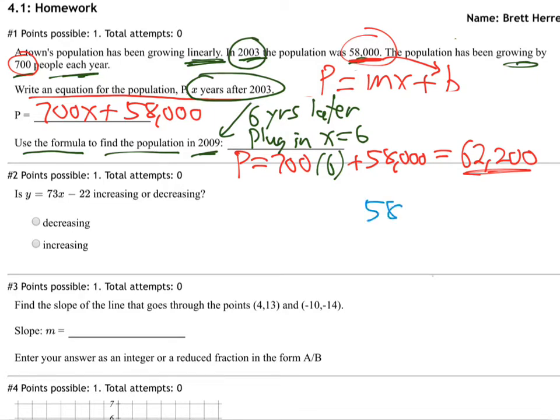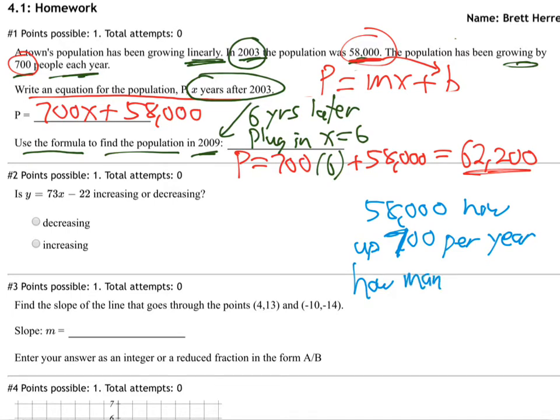Hey, my town has 58,000 people now, and it's going up by 700 per year. How many people are there going to be 6 years from now? What would you do? You wouldn't need some fancy math formula. As long as you had a calculator, you could all figure that out really easily, huh?